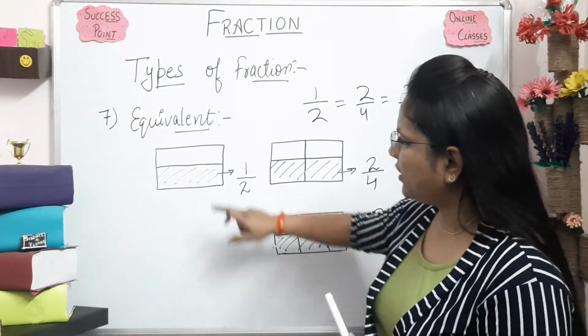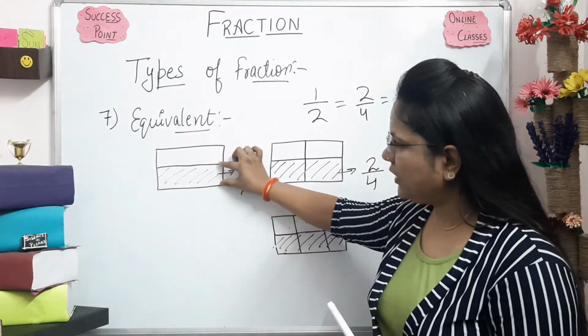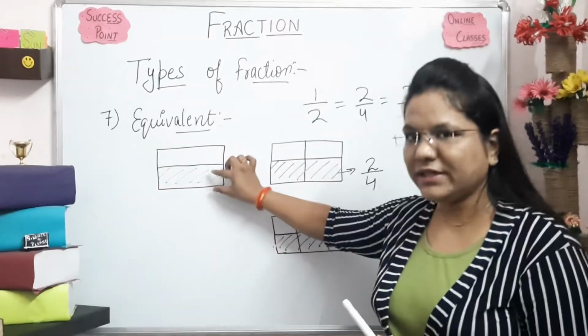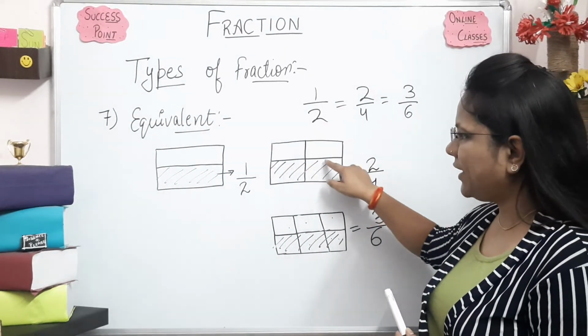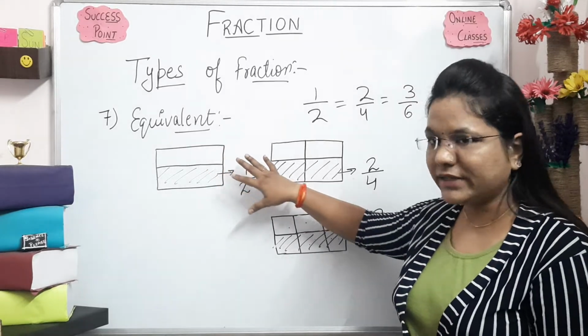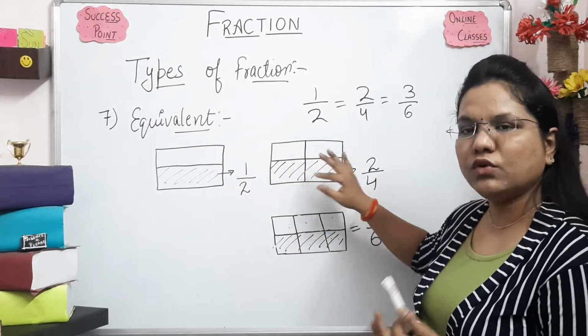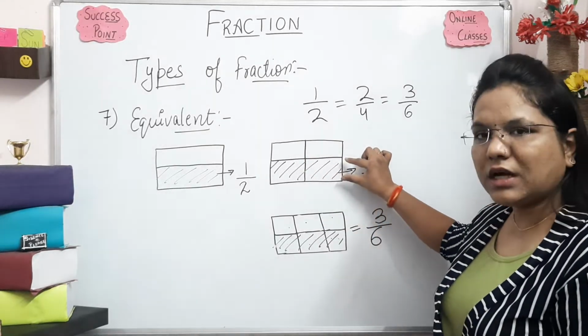If you check the figure, we are talking about only this down piece. Yes, 1 by 2. But if we divide the same chocolate into different parts, this time 2 parts, this time 4 parts, we are talking about only the down part.